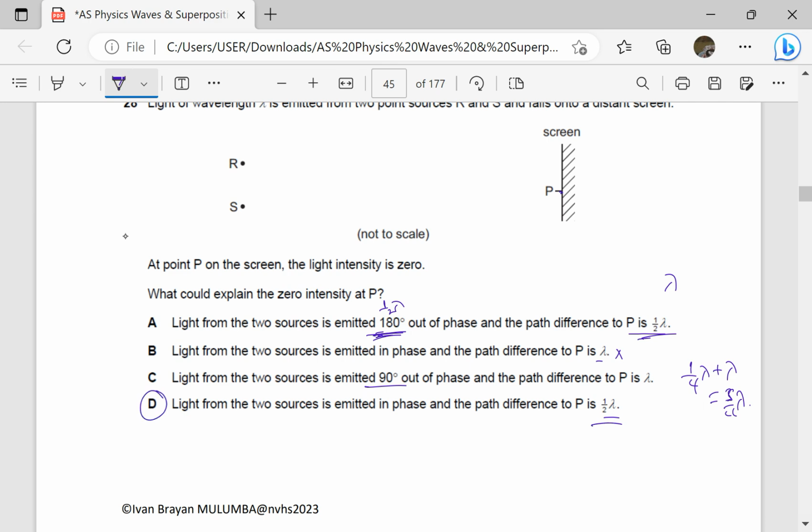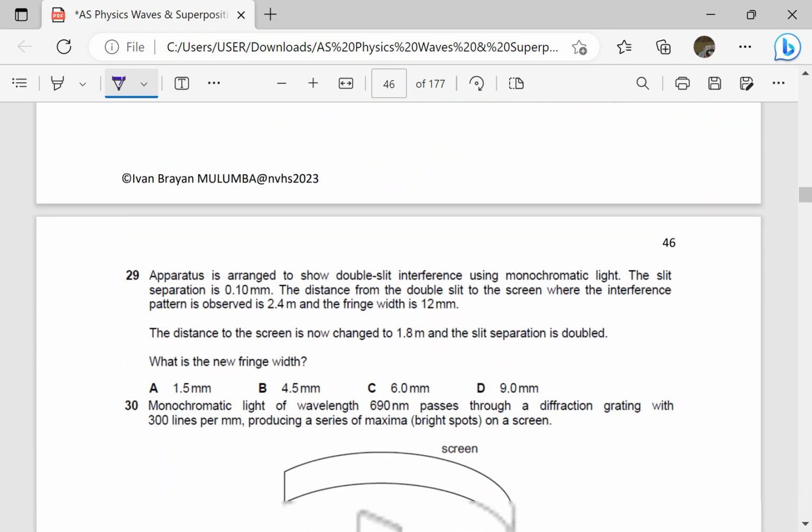The most direct one is D. The 90 degrees one may not cause total cancellation because of the phase difference being 90 degrees. So it may cause destructive interference, but not zero intensity at point P. So the phase difference between the sources is 0, but the path difference is half lambda, which makes destructive interference occur.